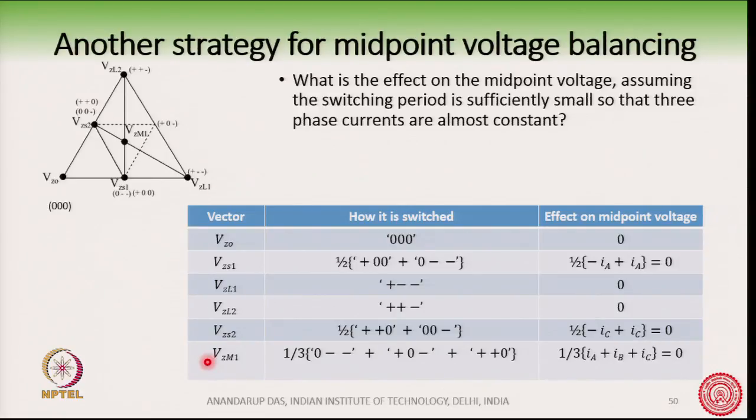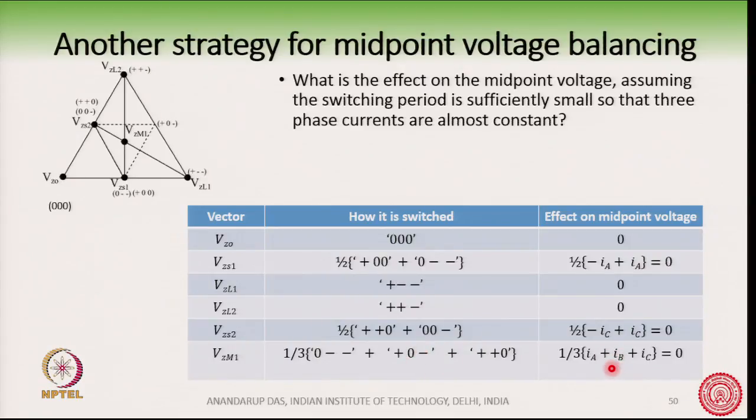Now, you see the effect of VZM1. Now, you will see why VZM1 has been defined in this particular fashion. So, if you see VZM1, how have we defined it? We are switching 1/3 of 0 minus minus, this one, plus 0 minus, this one, and plus 0 0, this one, 1/3 of each. Now, what is the midpoint current with 0 minus minus? The midpoint current is IA. With plus 0 minus, what is the midpoint current?